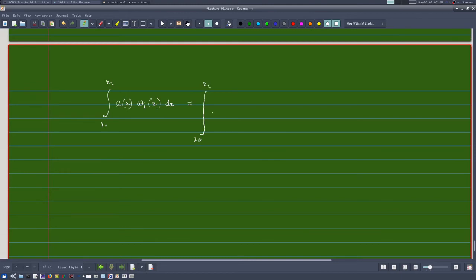So I can write d/dx of AE du tilde/dx, the d/dx of this whole thing, plus q(x), whole thing multiplied by the weight function w_i(x) dx will be 0 for all i's, i equal to 0, 1, 2 up to n, right?